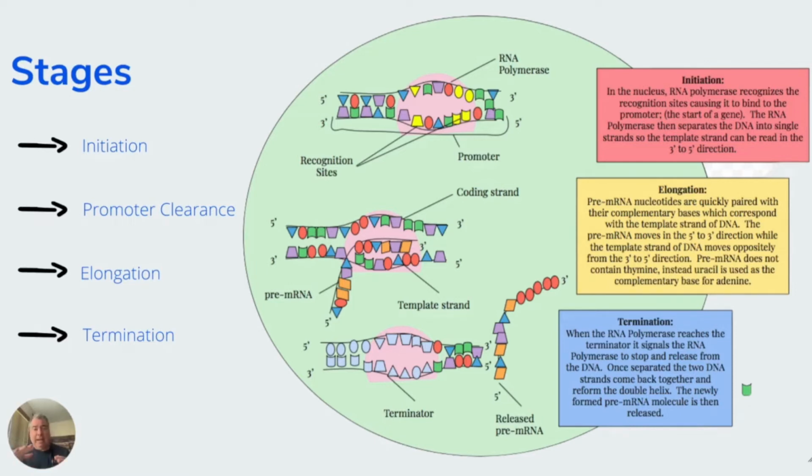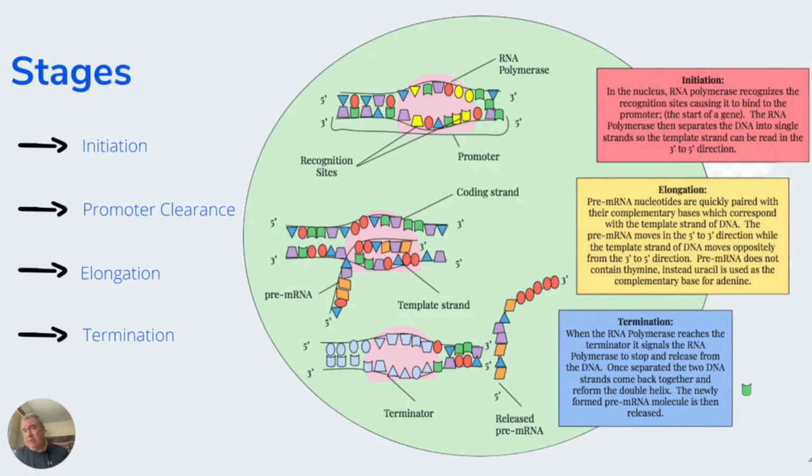Elongation, okay, is what they call pre-RNA. So RNA polymerase is grabbing nucleoside triphosphates out of the area. It's catalyzing the reaction, putting them together in a complementary fashion to the DNA template and creating that messenger RNA.